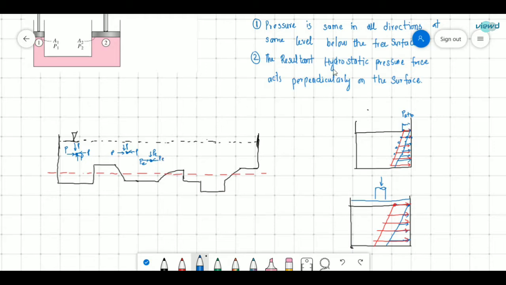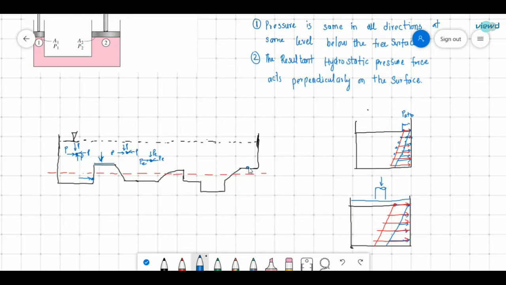The second point is that the resultant hydrostatic pressure force acts perpendicularly on the surface. Let us see the second point individually. This is the surface, and the hydrostatic force here will be acting perpendicular to that surface. If we consider a point here, there will be hydrostatic pressure force acting that way perpendicularly.